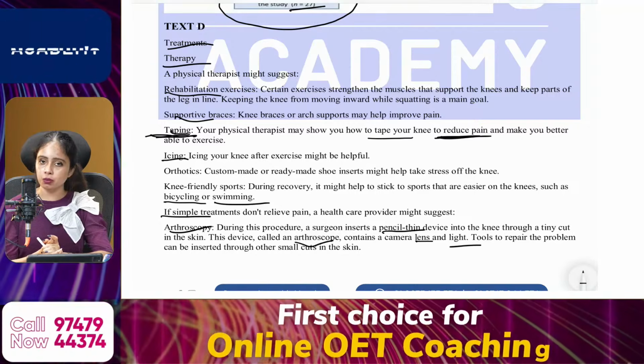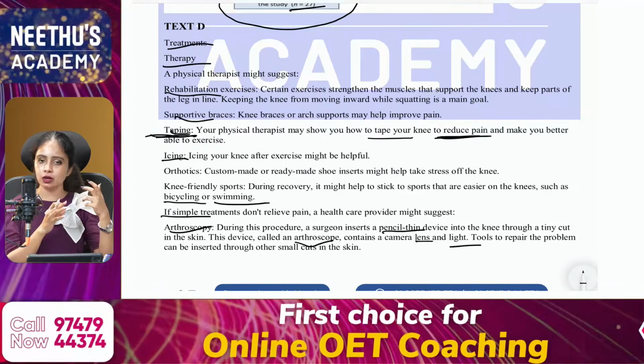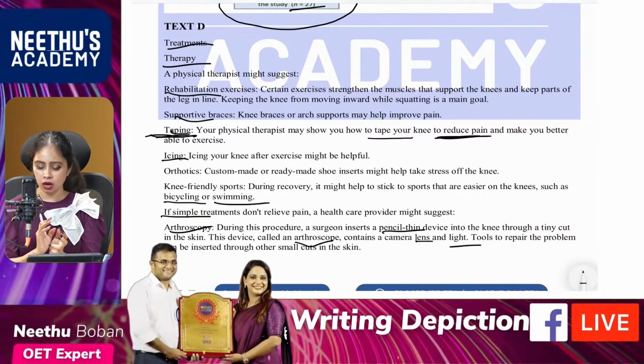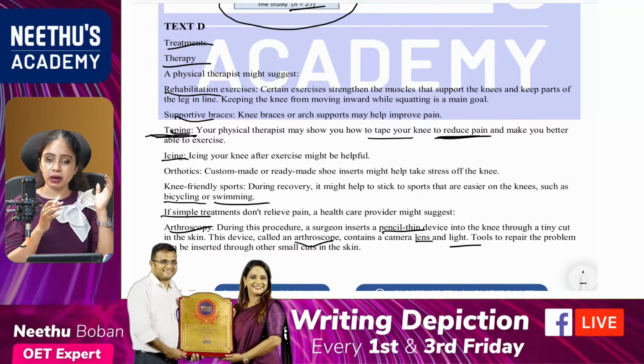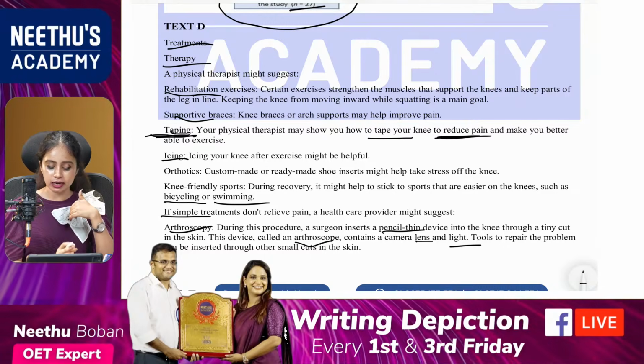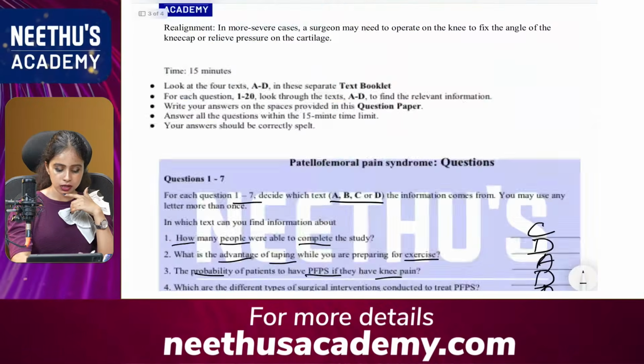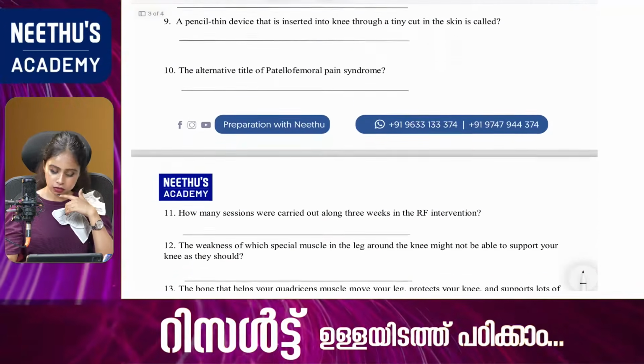Here it is not a combo, it is separated. Either you can do bicycling or you can go for swimming, not both. Clear? So the answer is bicycling or swimming.